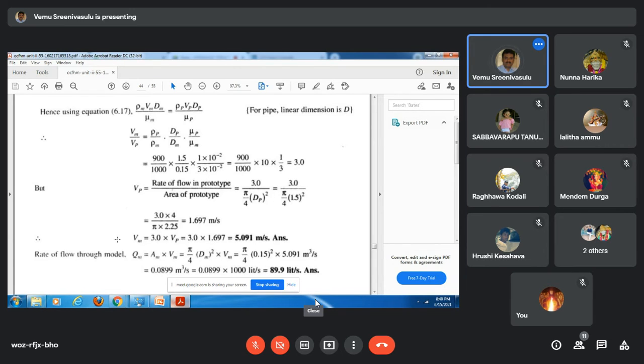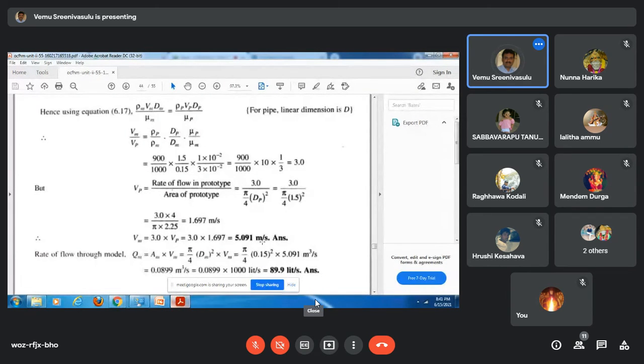So substituting 1.5, the velocity of the liquid flowing in the prototype is 1.697. So if that is the case, the velocity of the model at your laboratory should be equal to, since the ratio is coming 3, 3 into Vp, so 5.09. Okay, and you have to maintain that velocity in your laboratory.